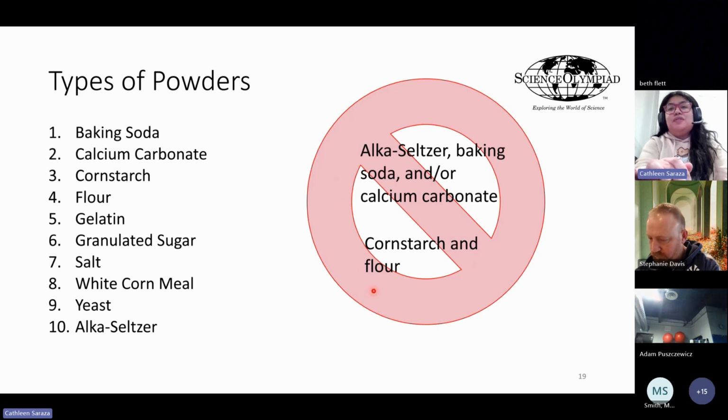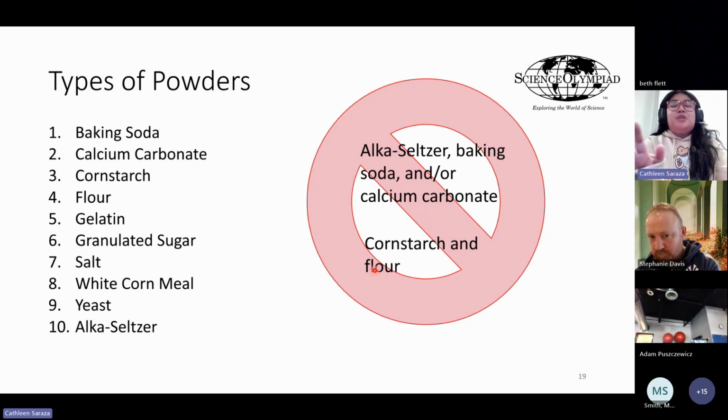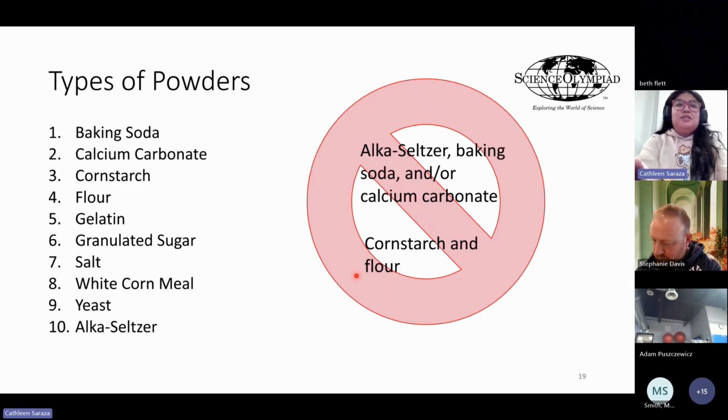Also, cornstarch and flour will not be combined together in a single cup for this event. So when you're practicing, just make sure that you keep these forbidden combinations in mind. They're not allowed because they're too hard to tell apart when they're together. So we figured this out, and just to make things smoother for the event, we're not going to have these combinations.